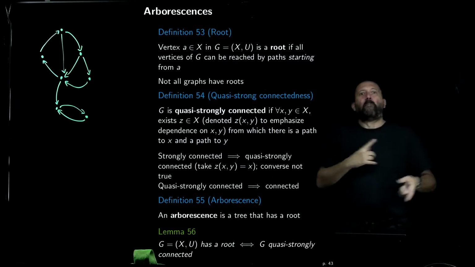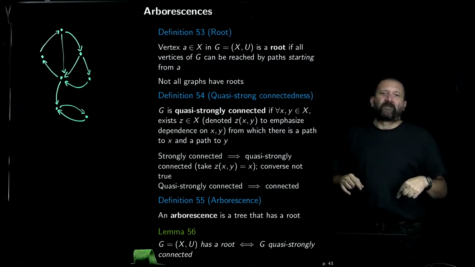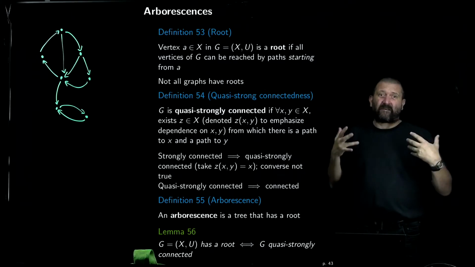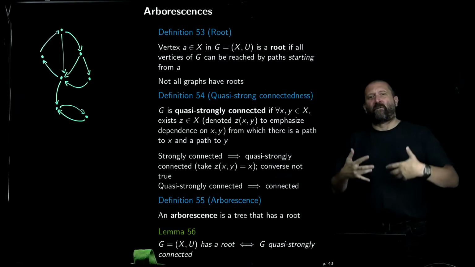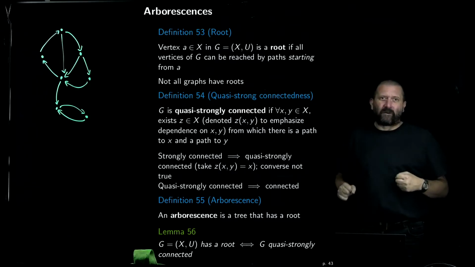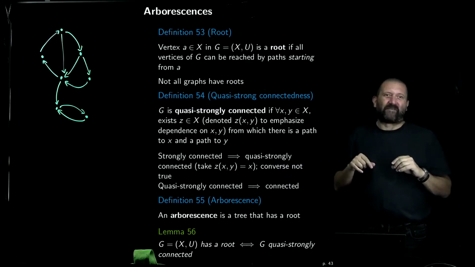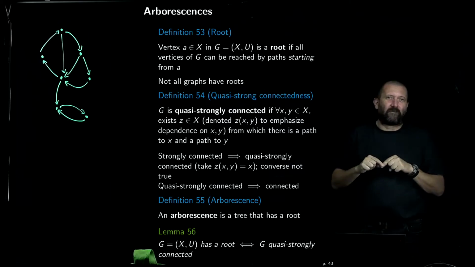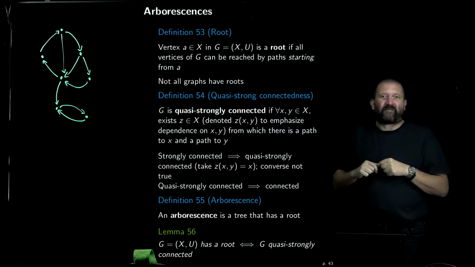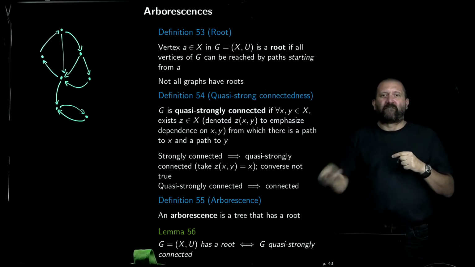Okay. But if I'm quasi-strongly connected, I am connected, because remember, connectedness does not require you to follow paths in the arcs in the proper direction. You can follow them wherever they are. So quasi-strongly connected gives you connected.